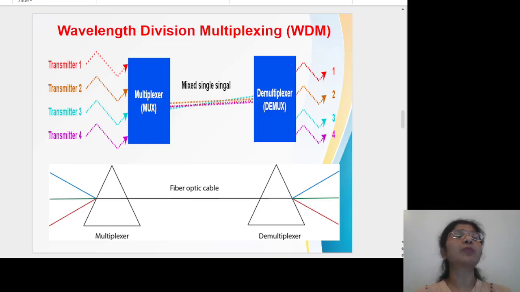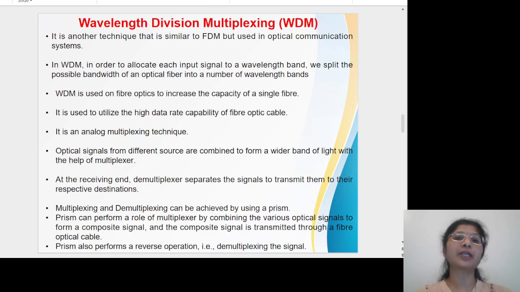The multiplexer combines both signals and generates a mixed single signal transmitted to the demultiplexer. The demultiplexer again divides this single signal into different signals. Here we want an accurate result. That's why fiber optic cables are used between the multiplexer and demultiplexer.